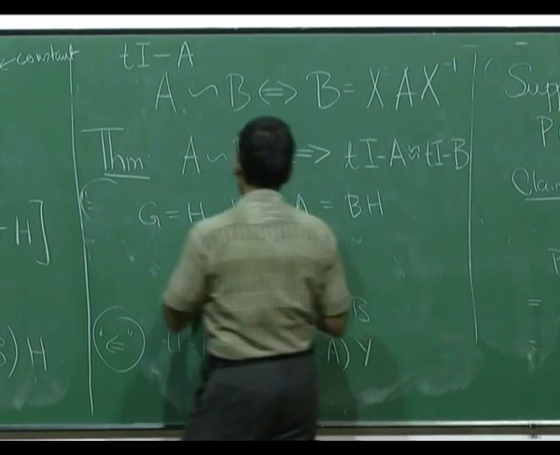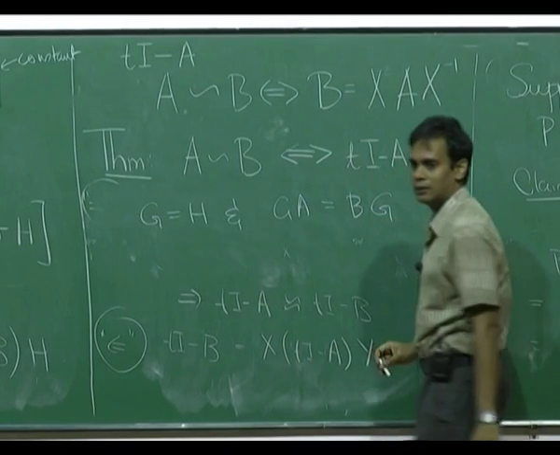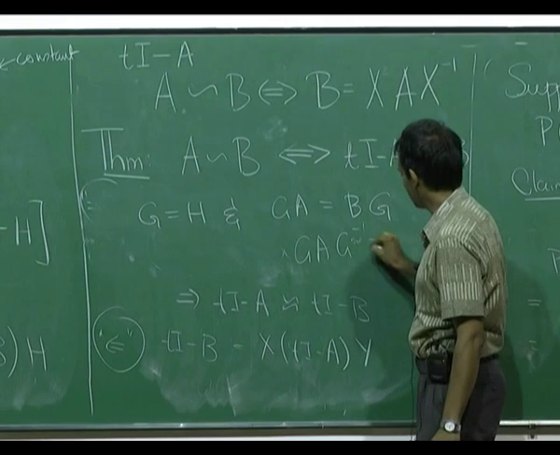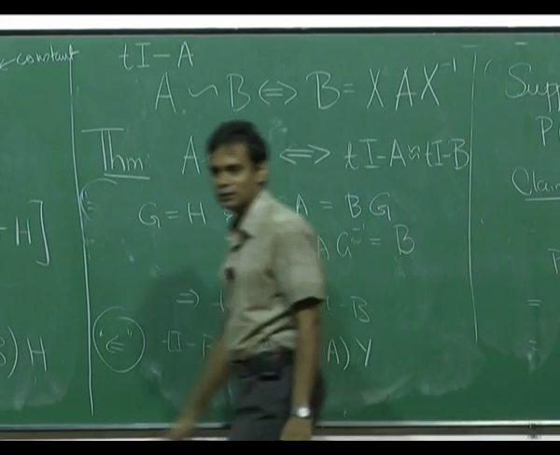So which means that BG, which is the same as G A G inverse, is equal to B, if we can show that G is non-singular.